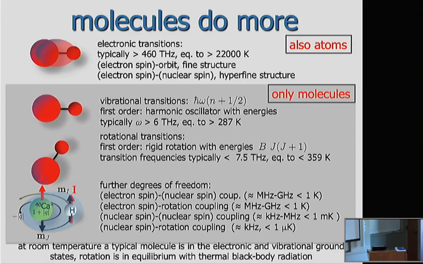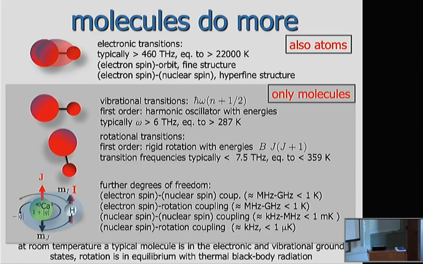And what's important for this talk, we are in a room temperature environment, and typically the electronic degree of freedom is in the ground state because the typical temperatures are much higher than room temperature, and even the vibration is in the ground state because, for very loose rotational vibrational transitions, that's on the order of room temperature.